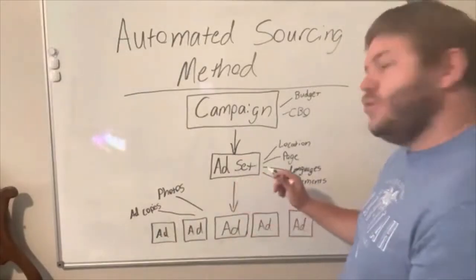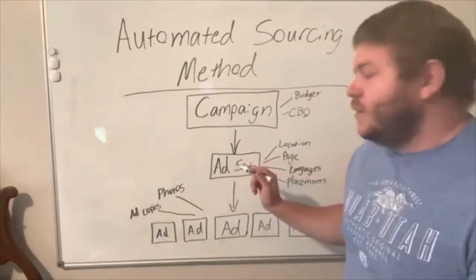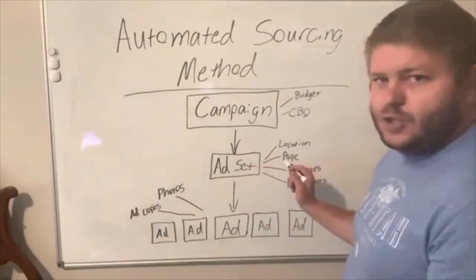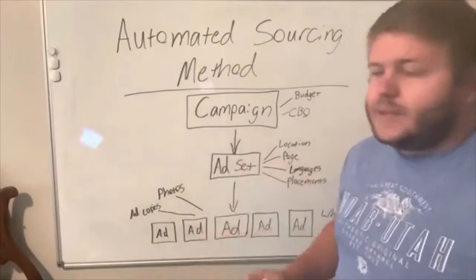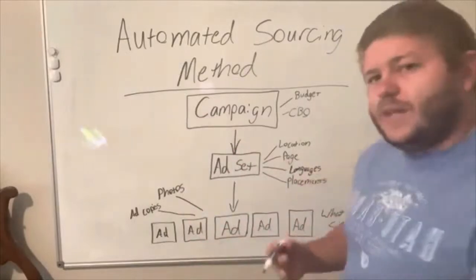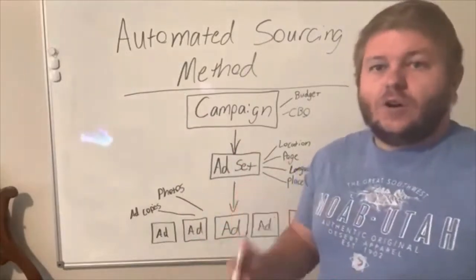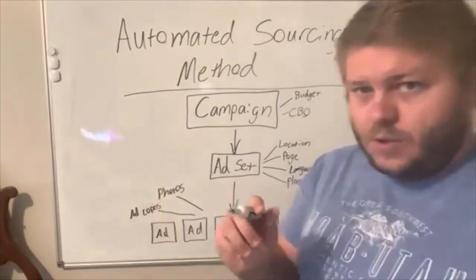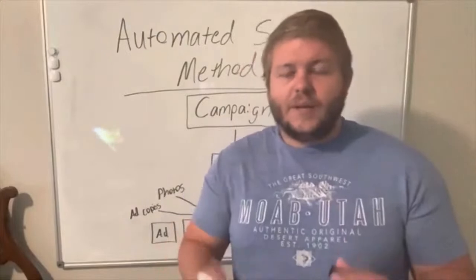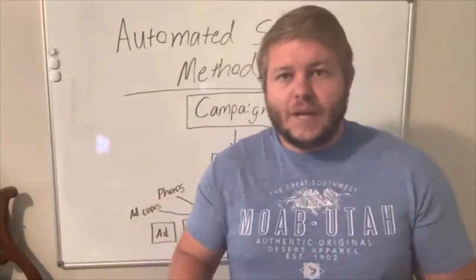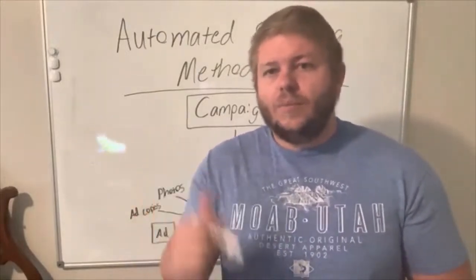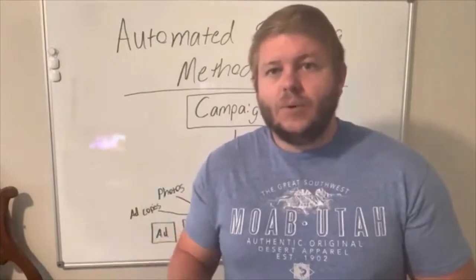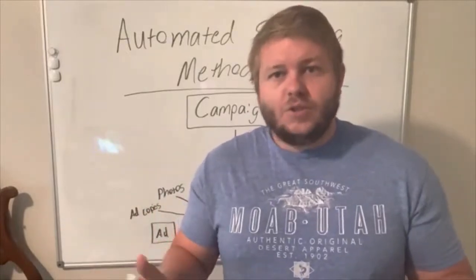Okay. The ad set is the second part. The ad set controls the location that the ads are shown in. It controls the page that is shown on the ads. It controls the languages that it is shown to. This is a quick tip for anybody living in a place that's very high with a Spanish population. Targeting Spanish-speaking people is super cheap.